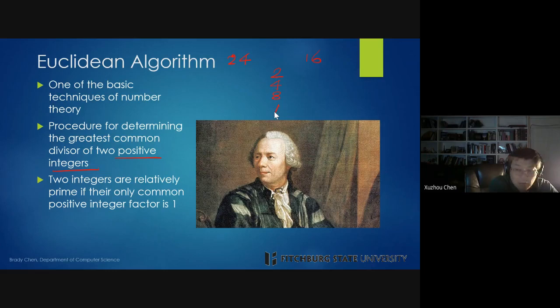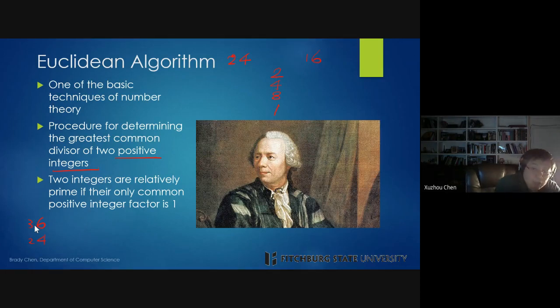Now, in general, how can we find common divisors? For example, if I give you another example, like 36 and 24. Now you can figure out how I can find a common divisor.